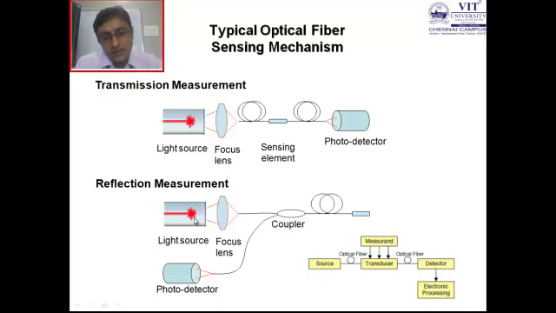The light source travels through the fiber, reaches the sensor, and then comes back to the detector. This kind of reflection happening in sensing equipment is called a reflective measurement, and the other one is your transmissive measurement. These are two arrangements wherein we can set up a sensor system. Here the fiber is acting as a sensor; a sensing element is nothing but the fiber here.